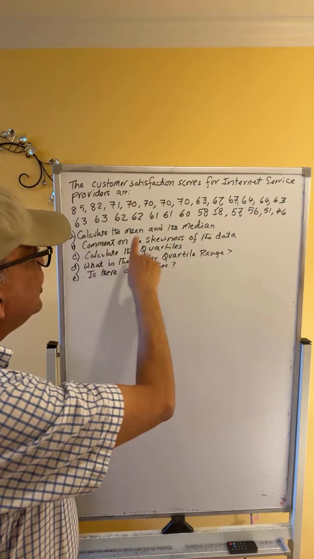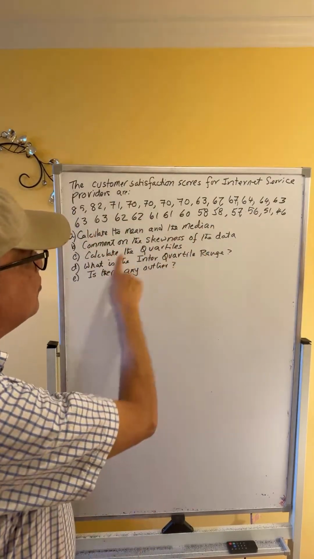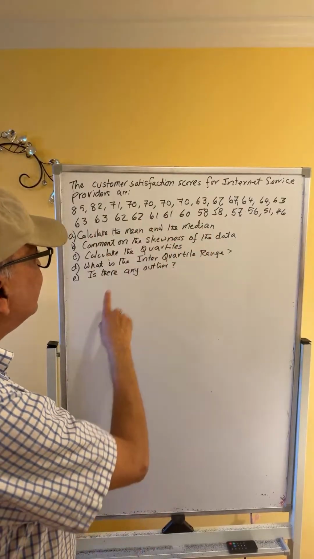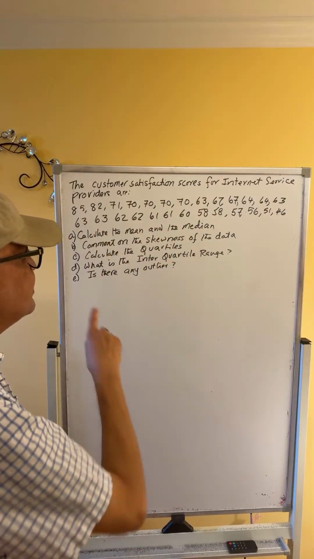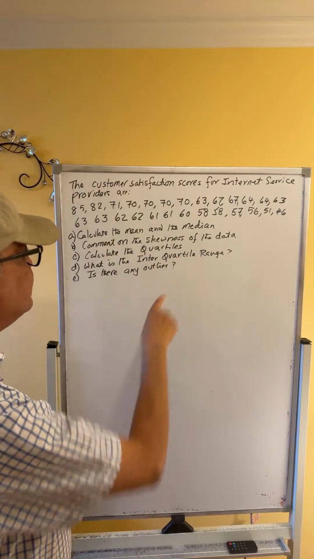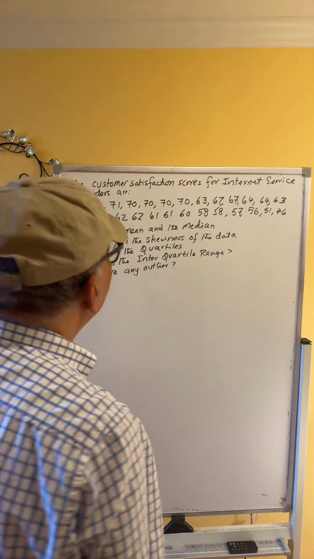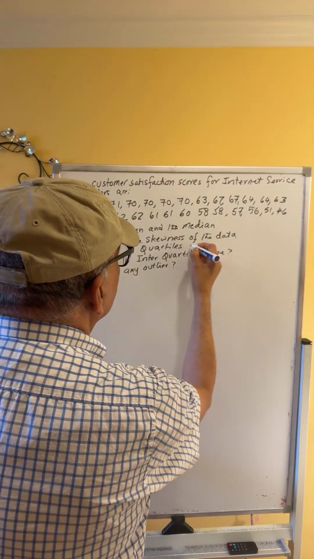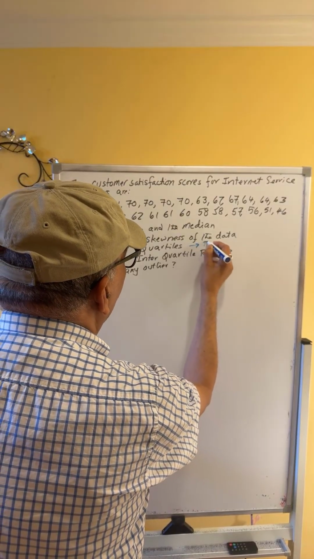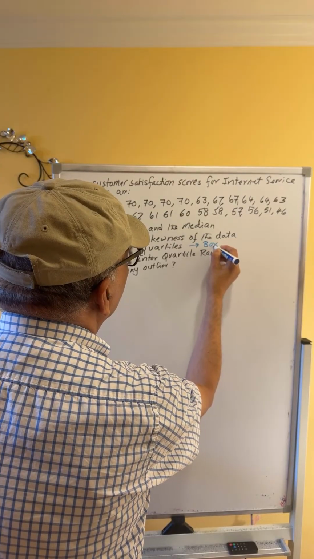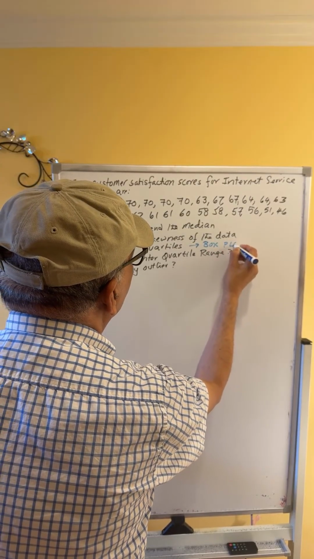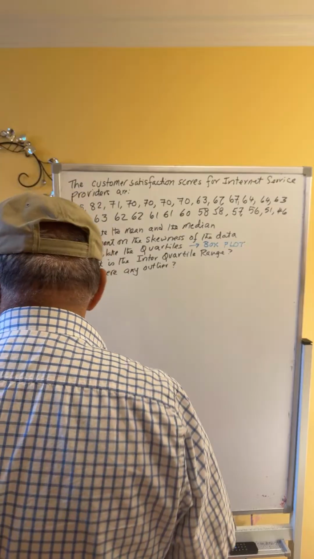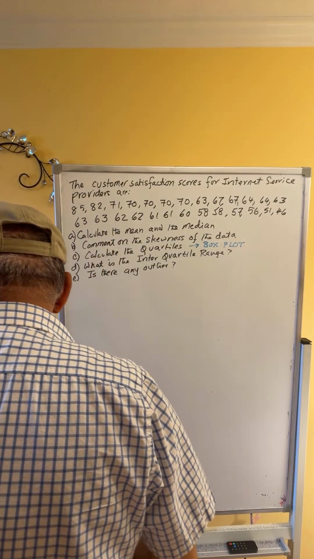Calculate the mean and the median, comment on the skewness of the data, calculate the quartiles, what is the interquartile range, is there any outliers. And while we calculate the quartiles, we'll also do a box plot.